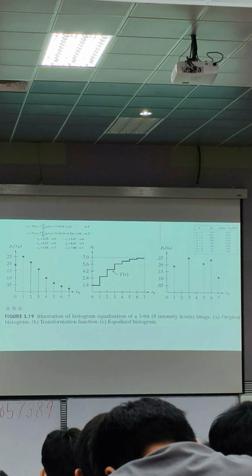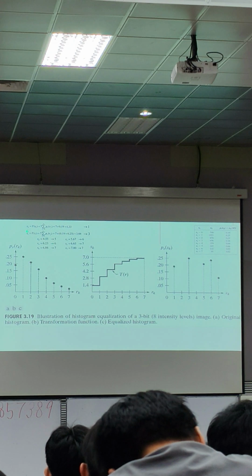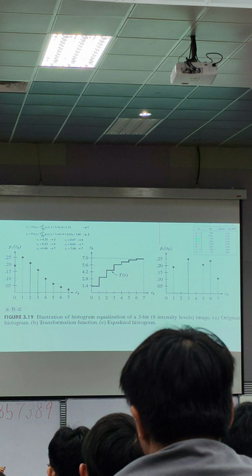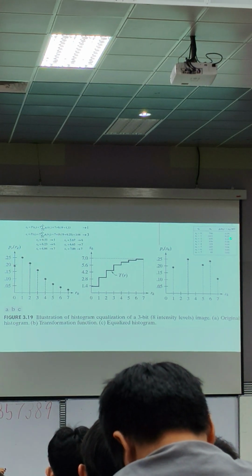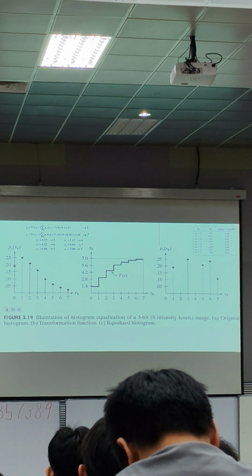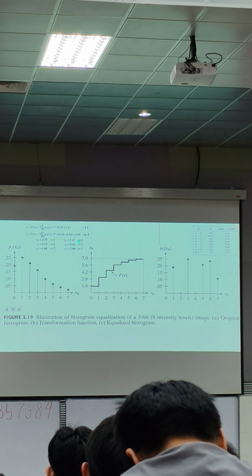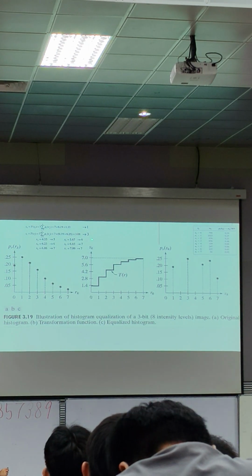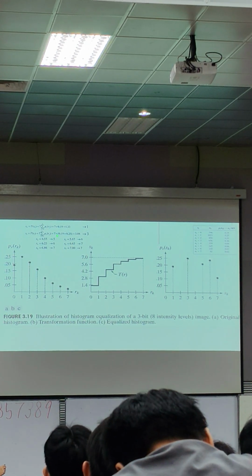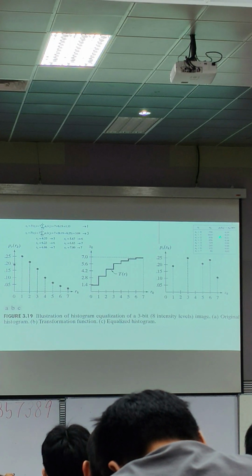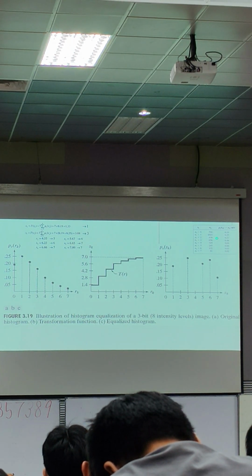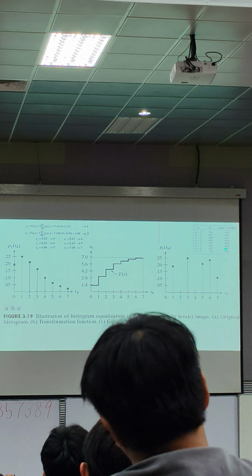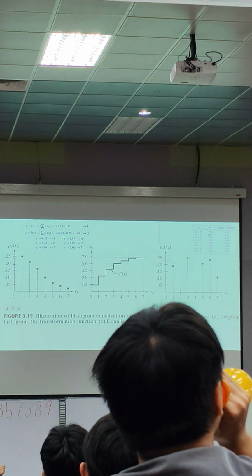3 is coming from 1. So let me take a look here. 3, they are previously 0.21 more. Sorry. Where am I? 3. Okay. Is it this one? 1, 2, 3, 4. 0.16 plus.